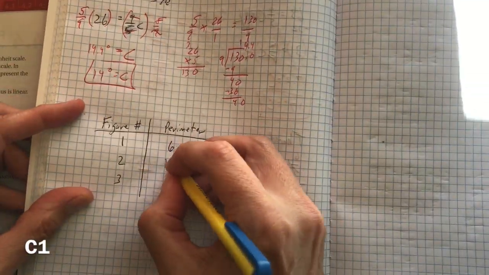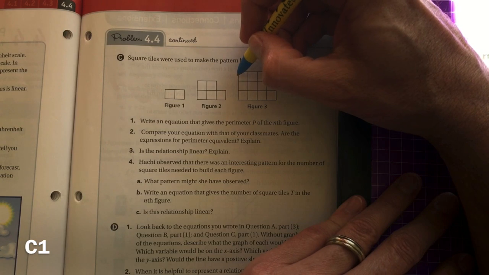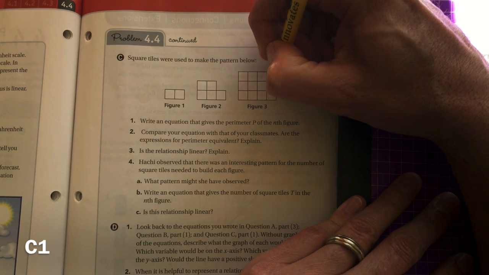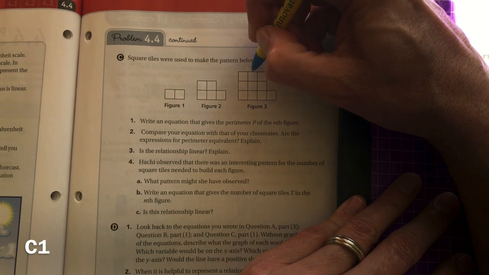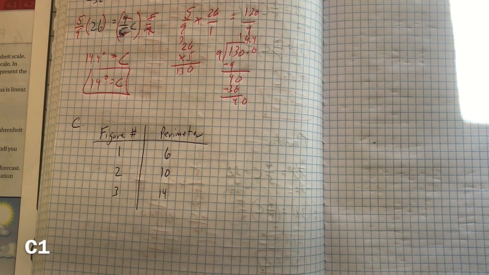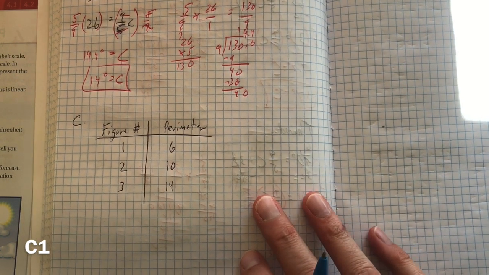So that's 10. Figure 3, starting up here, is 1 through 14. So that's what the data is giving us. What they want us to work through and figure out is an equation.